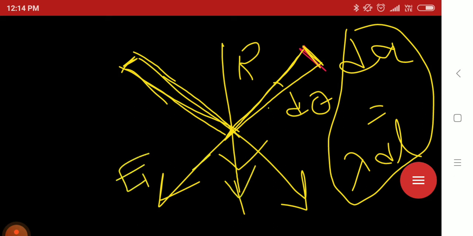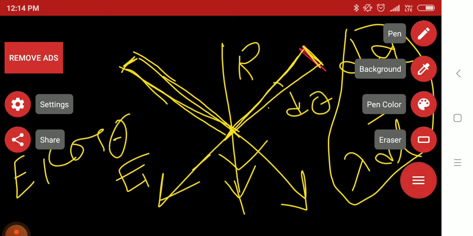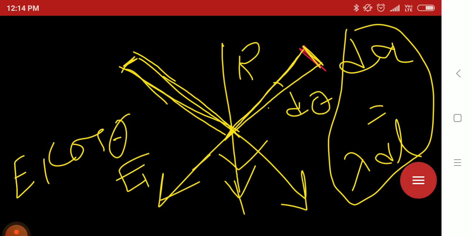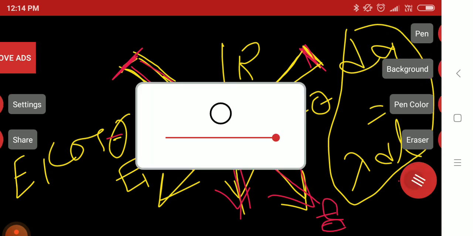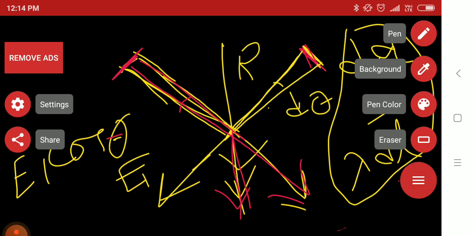So along this line it is E1 cos theta. Let me change the pen color. Due to this dq element, along this line, it is E1 cos theta, and due to the other dq element, at d theta, along this line, the electric field is, let me write, E2.